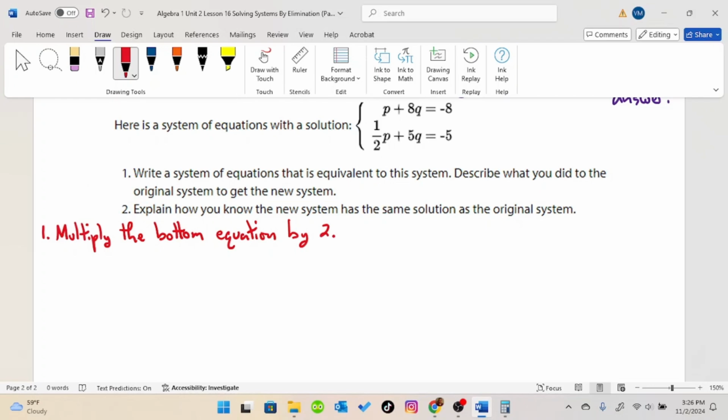This will give me a new system of equations where the top stays the same, the bottom: 2 times 1/2 p becomes p. 2 times 5q becomes 10q.